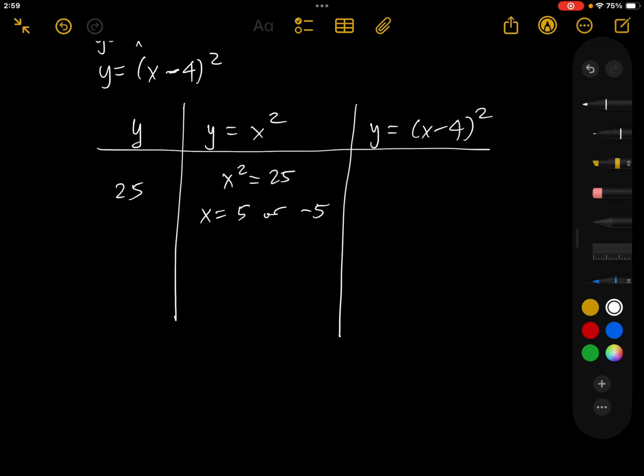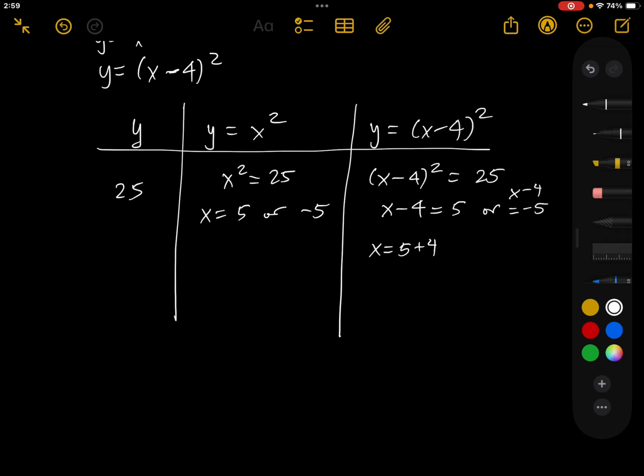Now what if y is equal to x minus 4 in parentheses squared? If y is equal to 25, then we have x minus 4 in parentheses squared is 25. What do we get for x? Well, we take square roots of both sides. x minus 4 is either 5 or negative 5. In the first case, we add 4 to both sides.